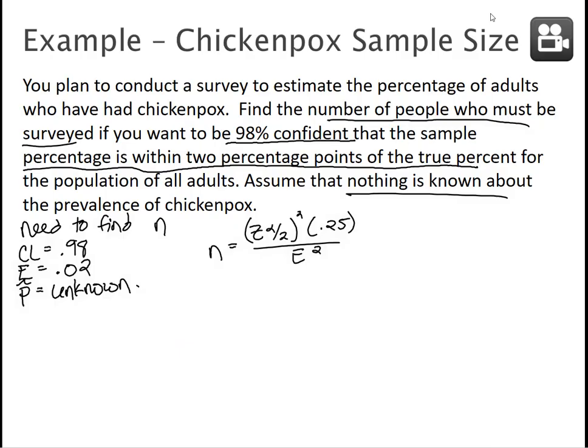So let's go ahead and find that Z alpha over 2. So I'm going to use inverse norm, and then 1 minus my confidence level, which is 0.98, so that's going to be 1 minus 0.98, and remember I put parentheses around the 1 minus 0.98, and then divided by 2, and then my mean is 0, and my standard deviation is 1.